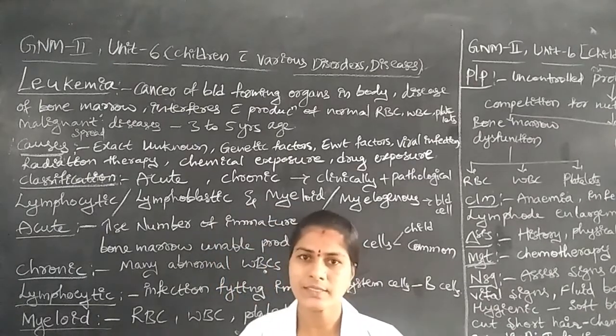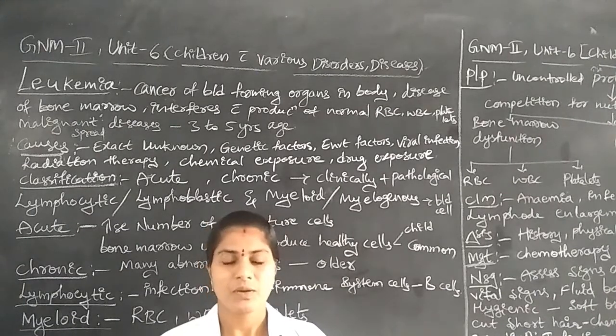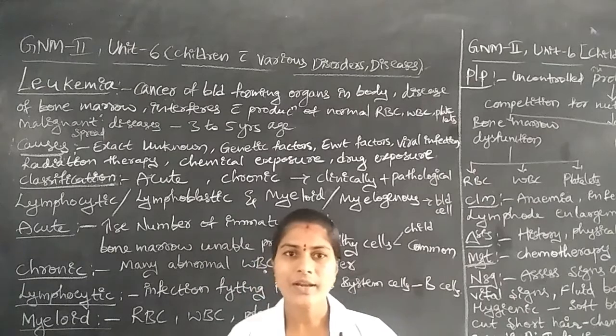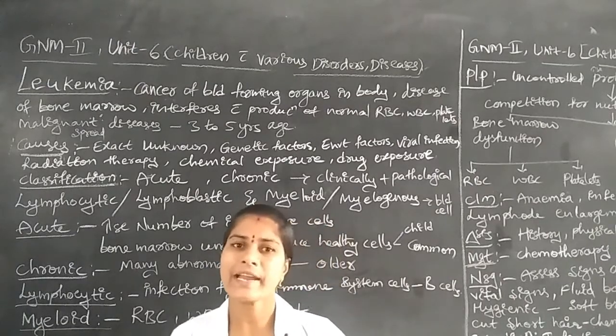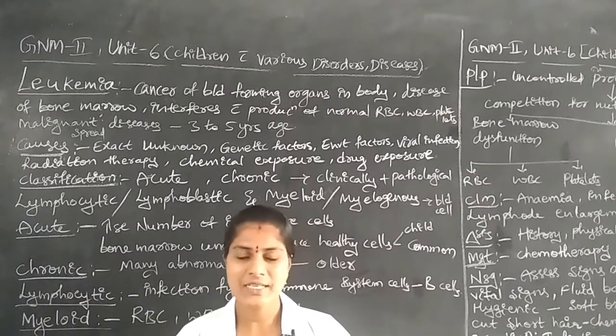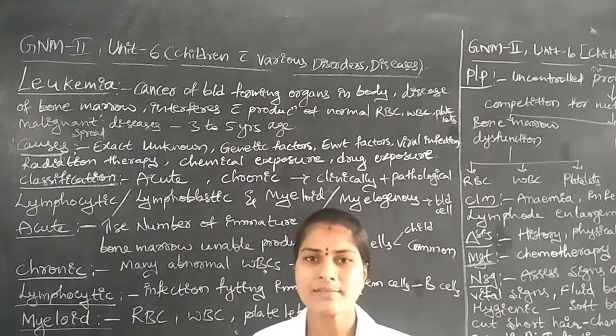Leukemia is one type of blood disorder. Leukemia is nothing but cancer of blood forming cells.